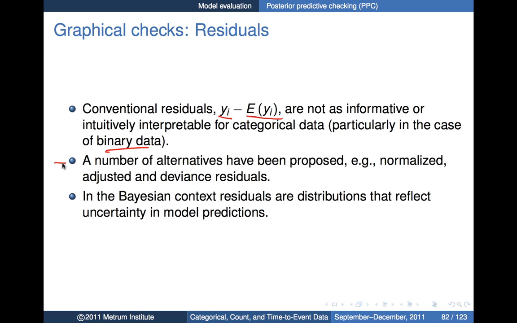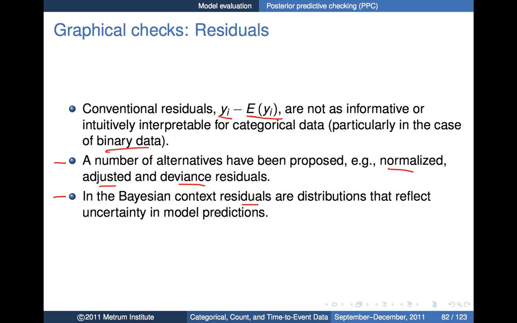As a comment here, there have been a number of alternatives proposed for this kind of categorical analysis, and you'll see terms in the literature like normalized, adjusted, or deviance residuals. Also, in the Bayesian context, when we talk about residuals, keep in mind our predicted values are actually distributions.